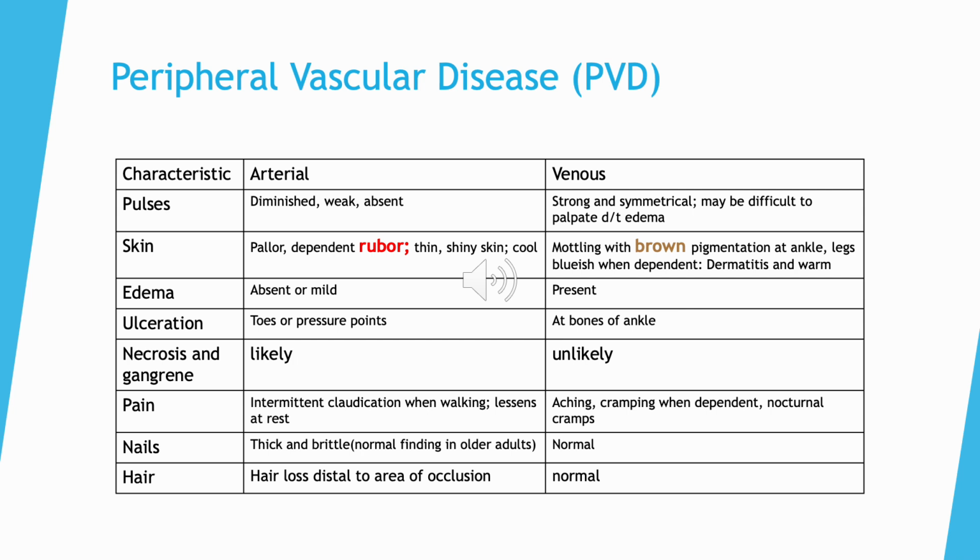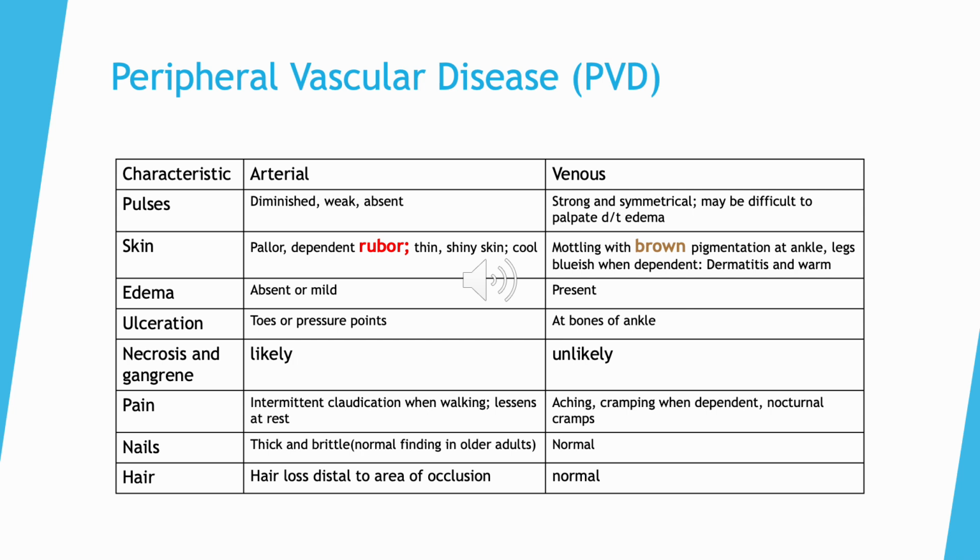When they put their legs down, they'll have rubor, meaning the legs will fill up and it's kind of like a bright red color. And the skin is going to be thin, shiny, with little hair. Whereas with venous peripheral vascular disease, they'll have brown pigmentation at the ankles. And the leg will be warm, whereas the skin in arterial vascular disease could be cool.